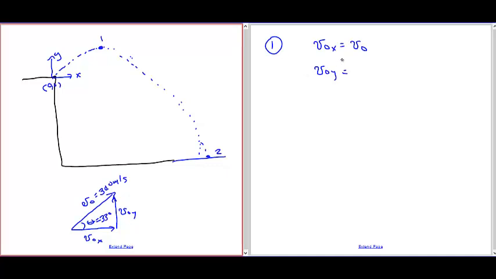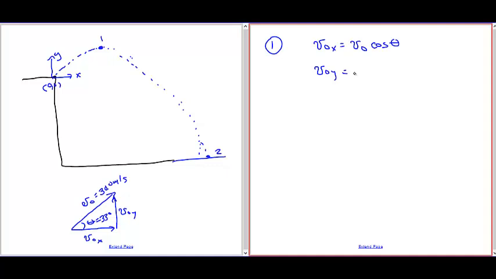So v0x is v0 times the cosine of theta, and v0y is v0 times the sine of theta. So we can get the initial x and y components of velocity. We have that a sub x is 0, because it's constant velocity, and a sub y is negative 9.81 meters per second squared. And that's because I defined y positive going up.